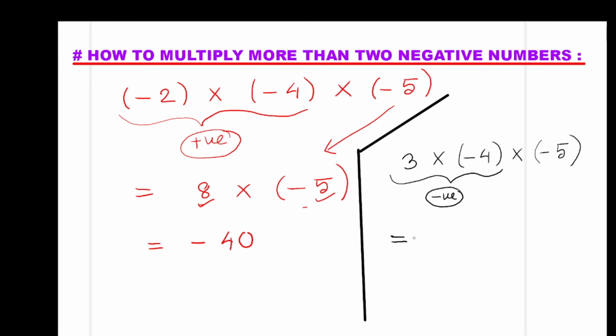That means minus 12. What is the remaining number? Into minus 5. Now both have the same symbol, negative. After multiplying we will get positive. So 5 12s are 60. That is the answer.